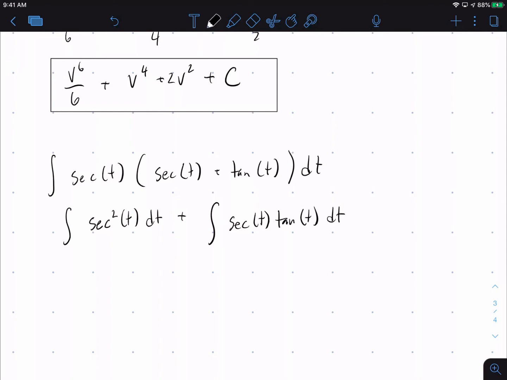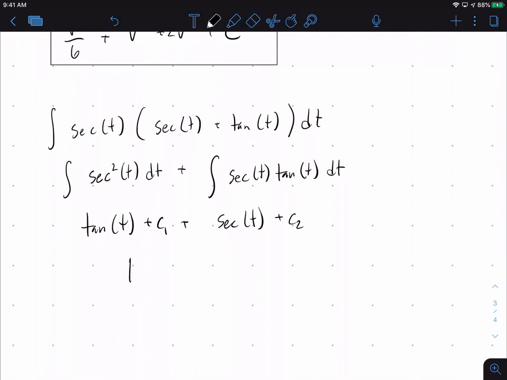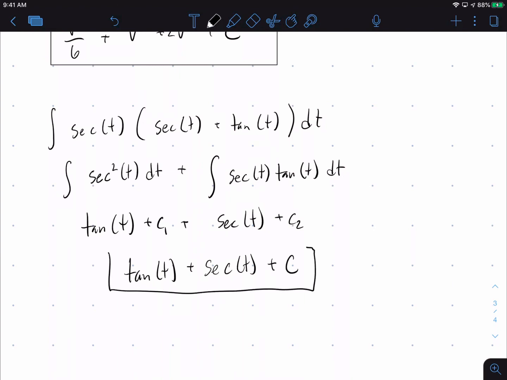And I know that the integral of secant squared is tangent of t, but I'm going to need a constant. And the integral of secant of t times tangent of t is secant of t plus some constant. And so what ends up happening is I'm going to get tangent of t plus secant of t plus some new constant c, and this will be the result.